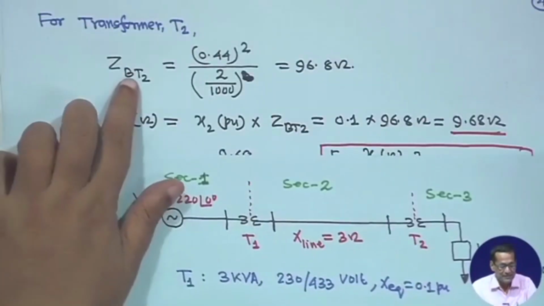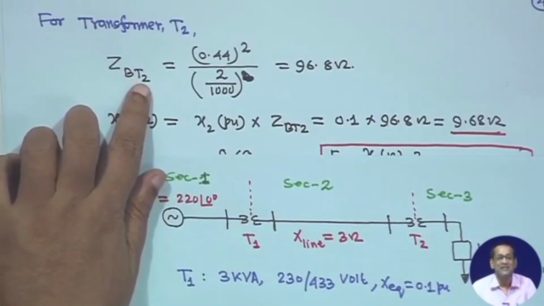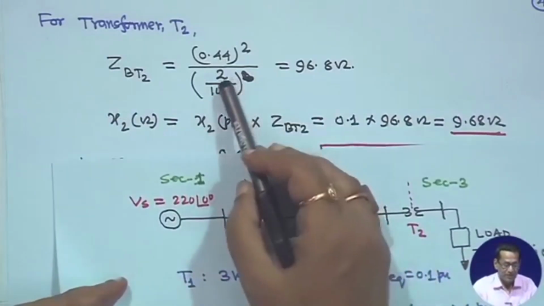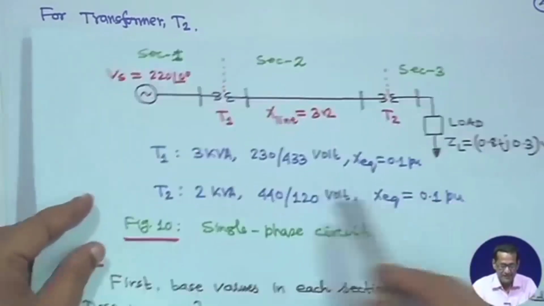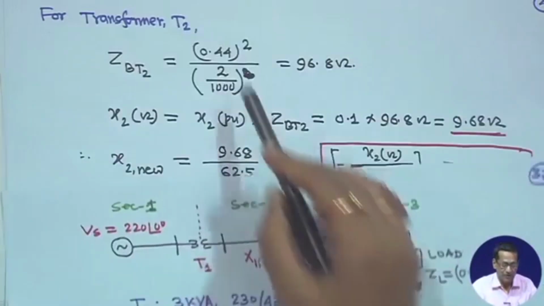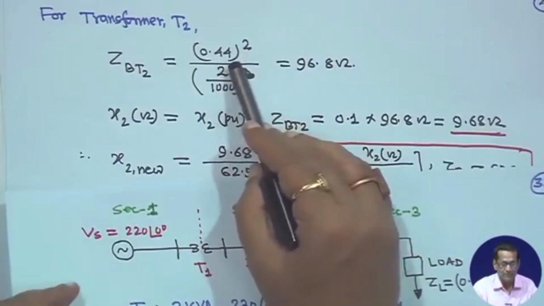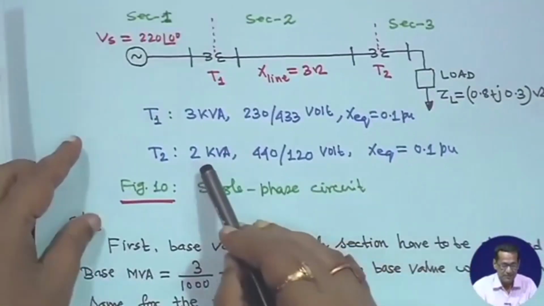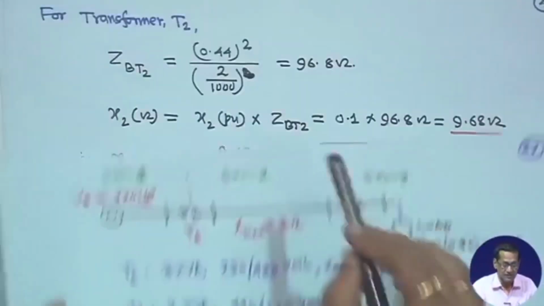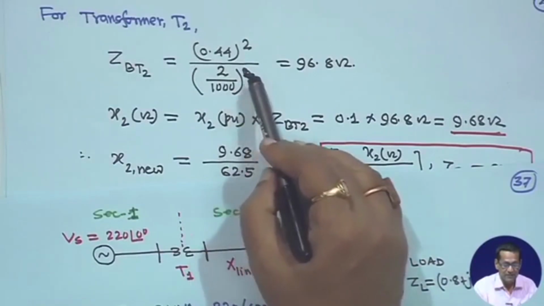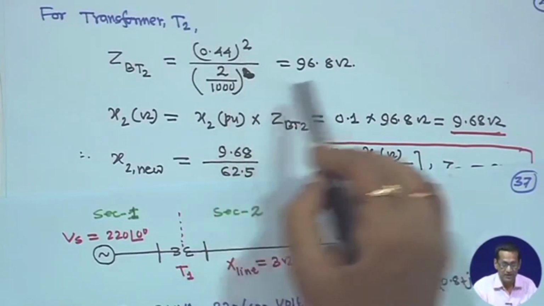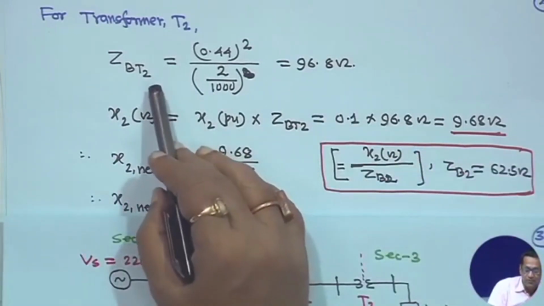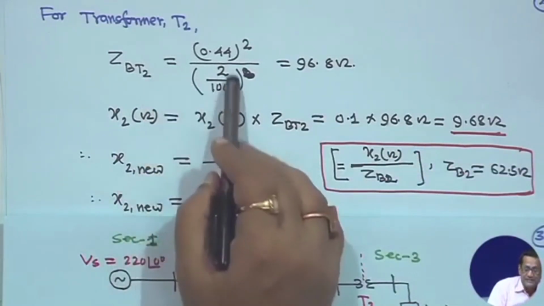Therefore, the base impedance for transformer T2, first you find out. The primary side is 440 volt, so 0.44 kV square divided by 2 kVA, that is 2 by 1000 MVA. So, kV square upon MVA, you will get 96.8 ohm. This is the transformer's own base, based on its rating.